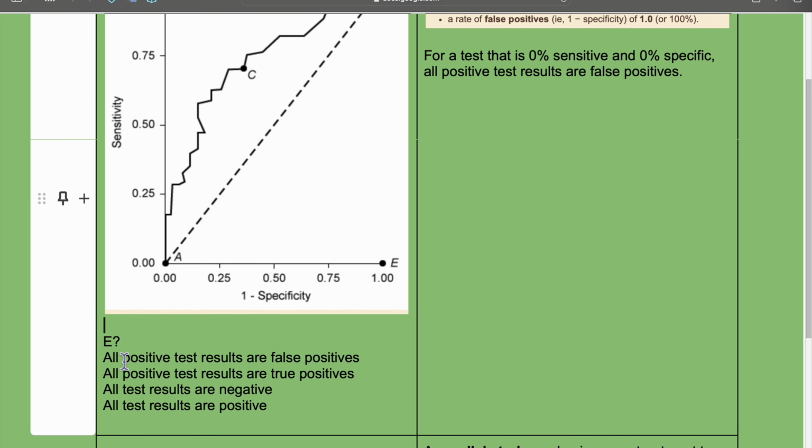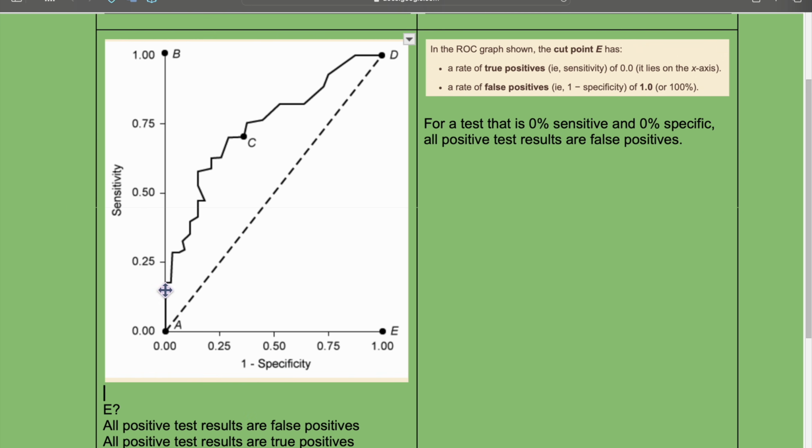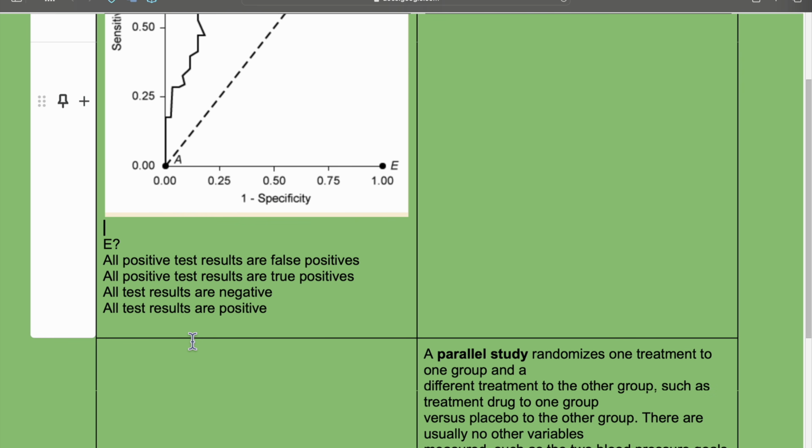So 0 sensitivity and 0 specificity, so all false positive, and all positive test results are false positive. Okay, yes. All positive tests are true positive? No. Because all test results are negative?